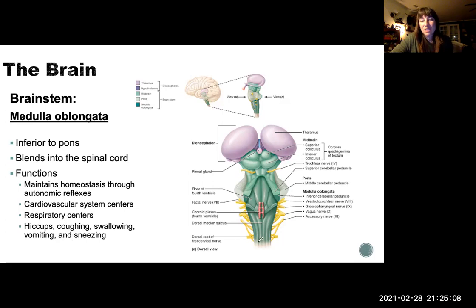So all things that we have limited control over, your medulla is in charge of, which again all comes back to the brainstem being your lizard brain, involved in a lot of involuntary, visceral responses that we're not consciously in control of, right?